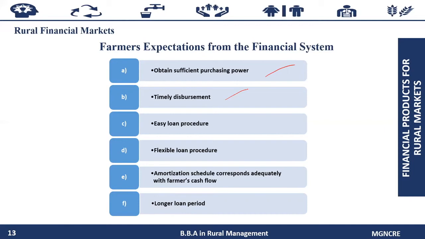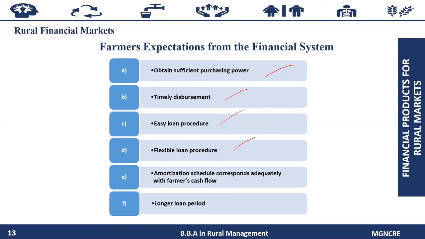And an easy loan procedure: the procedure for applying for a loan should be simple and easy. Only then will farmers be encouraged to apply for the loan, and there should be less documentation work. And a flexible loan procedure, so that people of the rural areas can plan and invest in farm and non-farm activities.